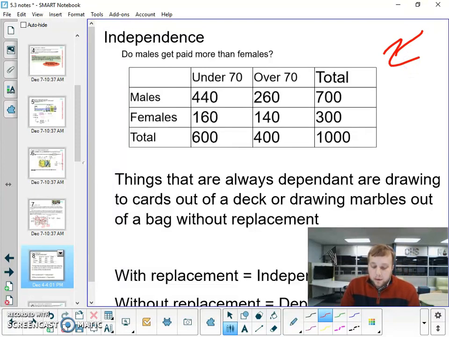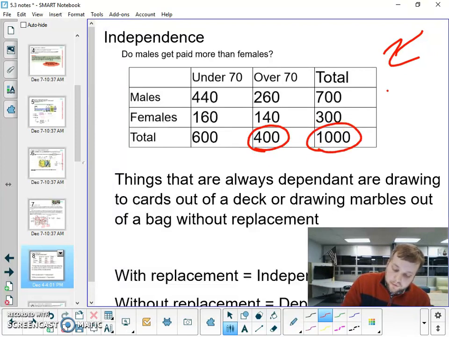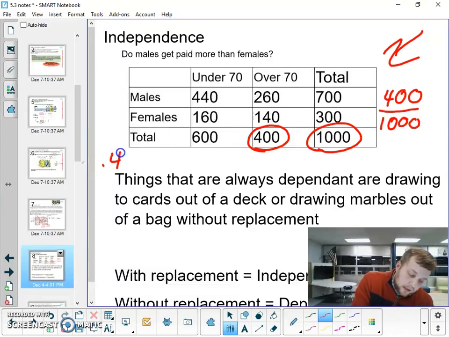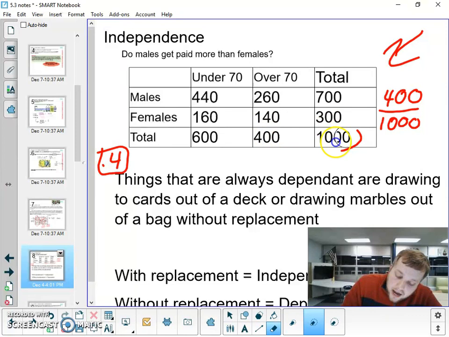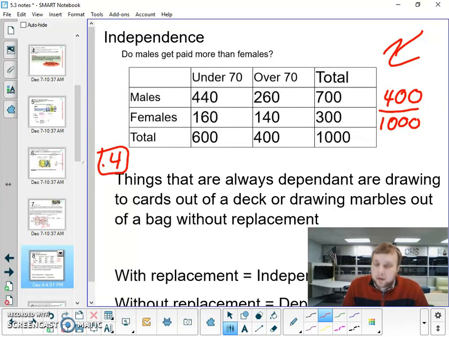And basically, if I just want to see what's the probability of people who get over 70, it would be this, right? So it'd be 400 out of 1,000. So about 40% of people get over $70,000, right? So we would expect that to be the same for women. If that's the overall average, we'd expect 40% to be women.